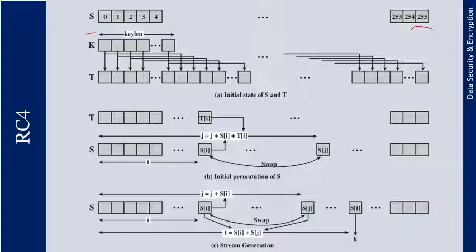That is, at the first location you will have S[0], then S[1], S[2], S[3], and so on, up to S[255]. Then you use a temporary vector T. If the length of the key is 256 bytes, which is equal to the length of S, then it is directly transferred to T.